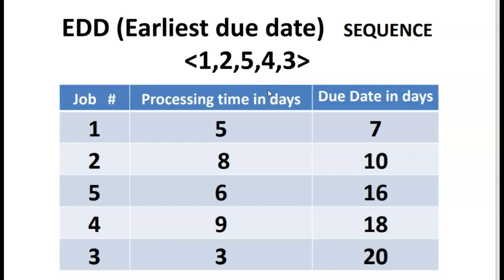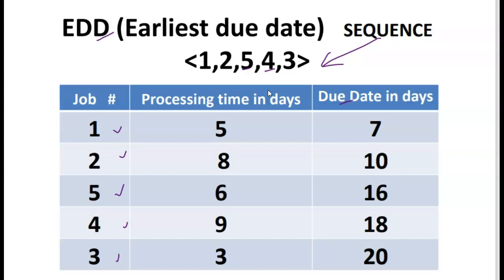Look at this order, EDD. I will advise that in the exam, since you have gotten the sequence this way, rearrange your table in that order: job 1, 2, job 5, job 4, and job 3. Please, with the corresponding processing time and due date.